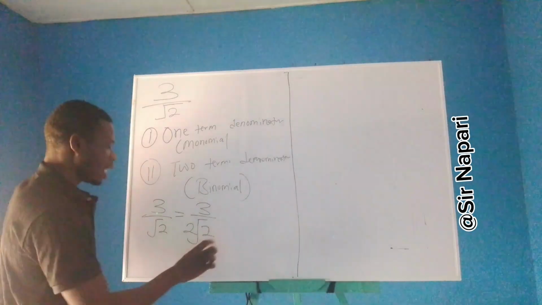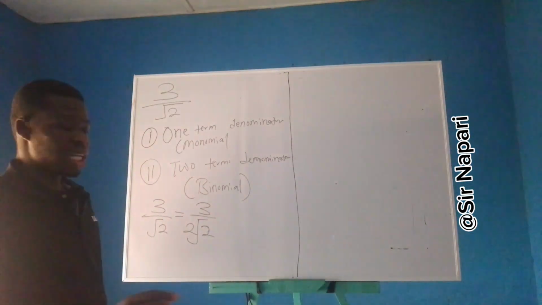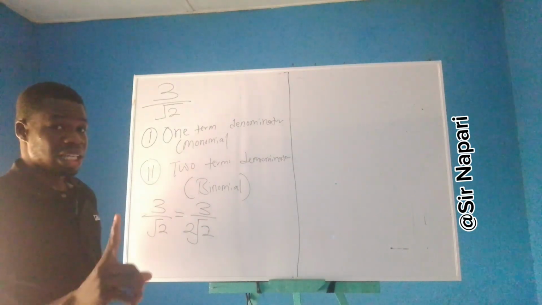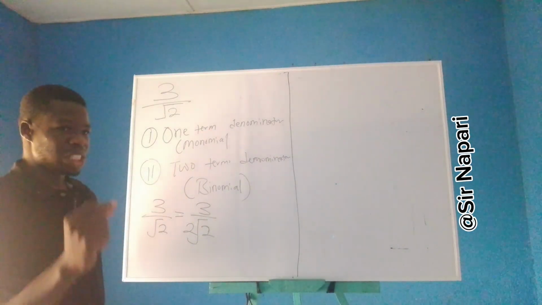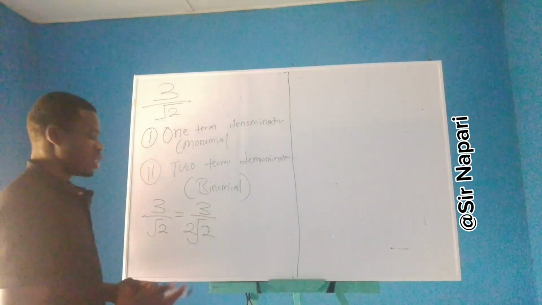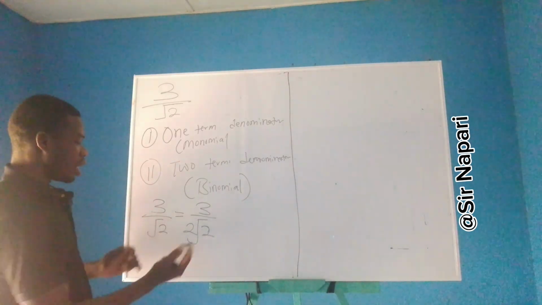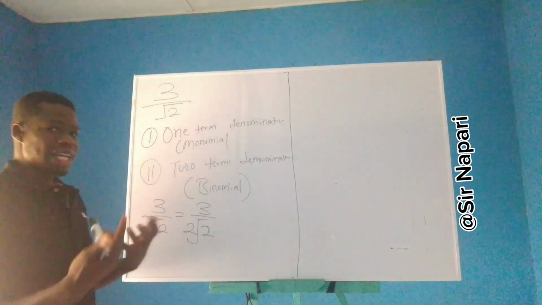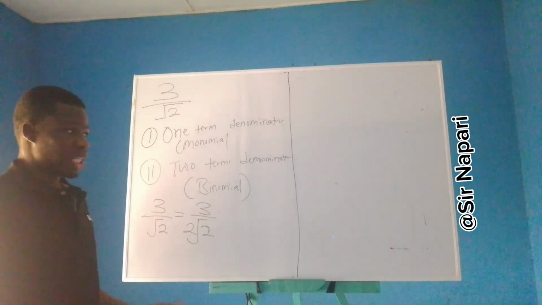If you can't see any addition or subtraction sign in the denominator, it is automatically a 1-term denominator. So this is a monomial, and that one too is also a monomial. Now, how do we now eliminate the surds under these 2 types of monomial fractions?